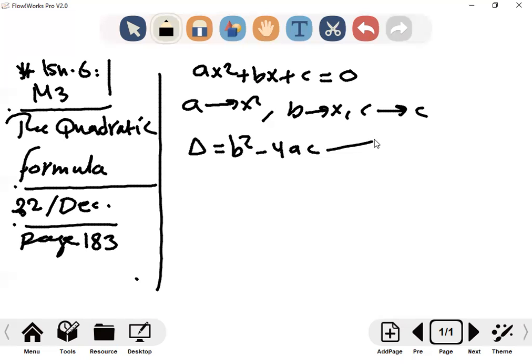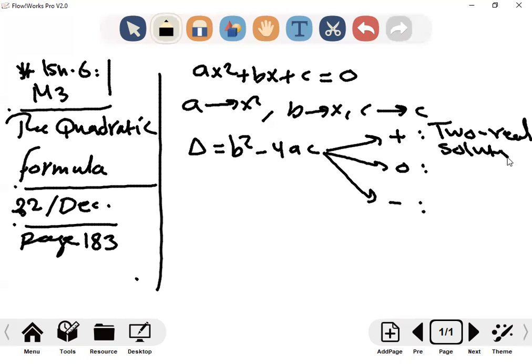After you find it, you have 3 cases. In each equation, you have one of the 3 cases: either positive, 0, or negative. If positive, 2 real solutions.